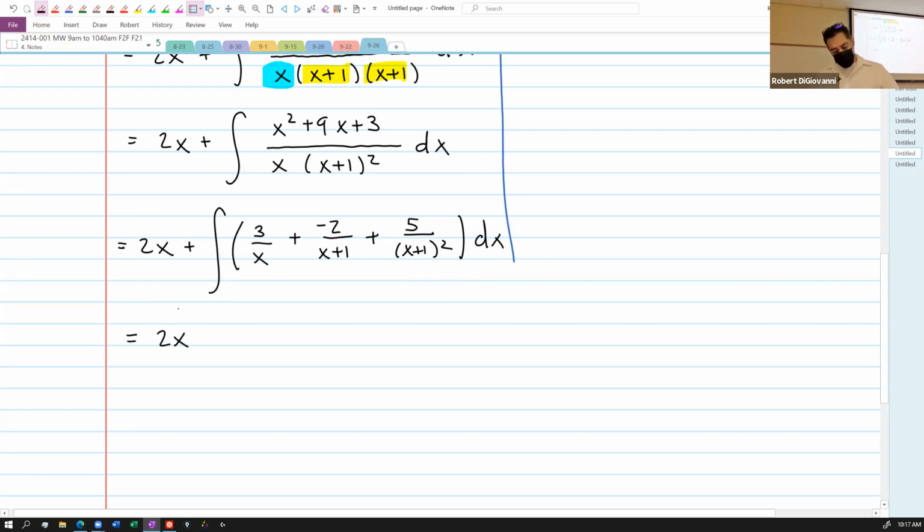It's not that there's a lot of work to do, but we've done it. So this should be 3 natural log of the absolute value of x, minus 2 natural log of x plus 1. I just pulled the 3 out front, the -2 out front. And then this one should be -5 times x plus 1 to the -1, plus C.